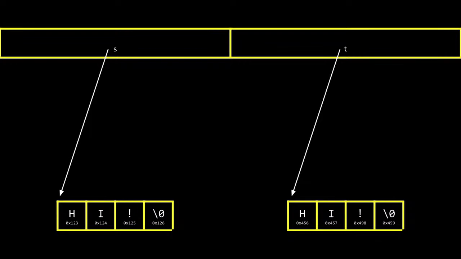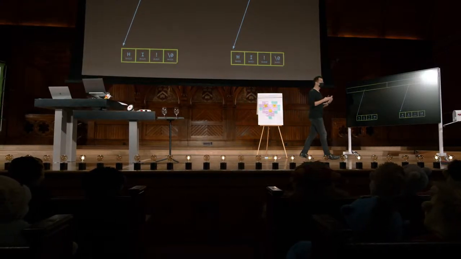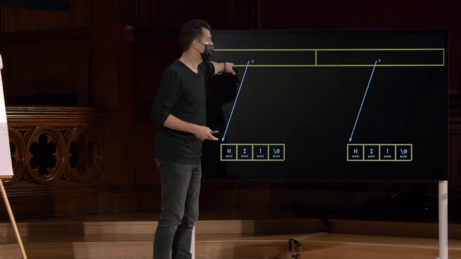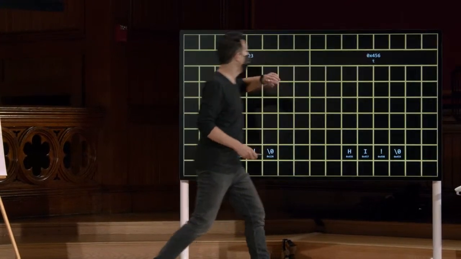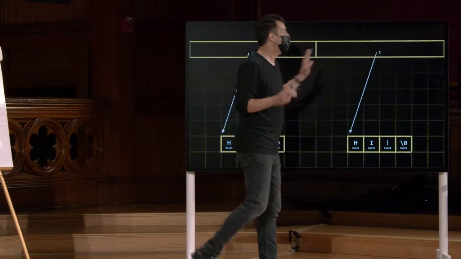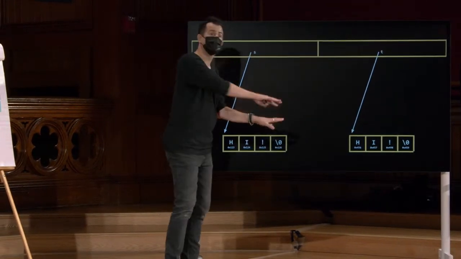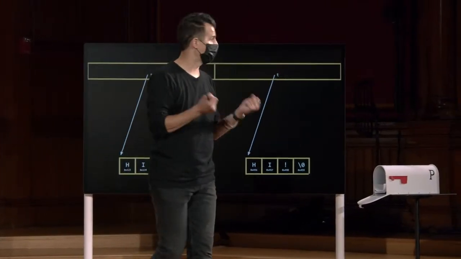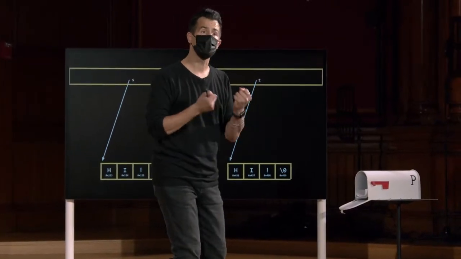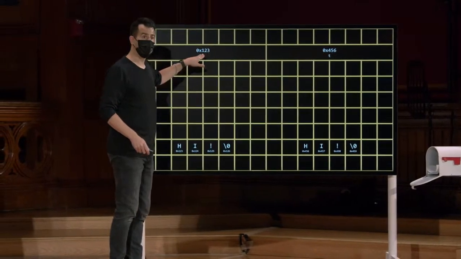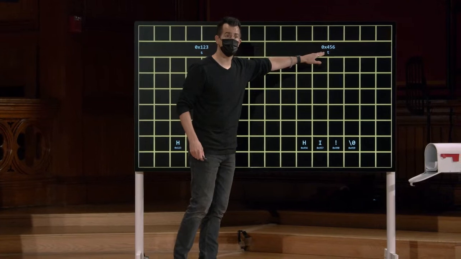When I compared s against t using equals equals, based on the picture, they're obviously not the same. One is over here, one is over here. And per a moment ago, one is 0x123, the other is 0x456. Yes, technically they're pointing at something that's the same, but that just reveals how strcmp works. strcmp is apparently a function that takes in the address of a string as its argument and the address of another string as its argument.